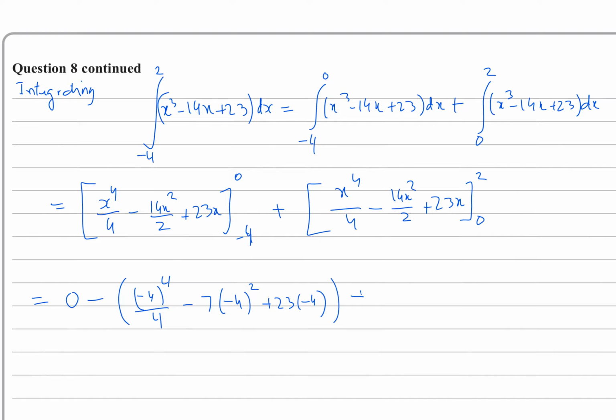Then plus 2 to the power 4 over 4 minus 7 times 2 squared plus 23 times 2.